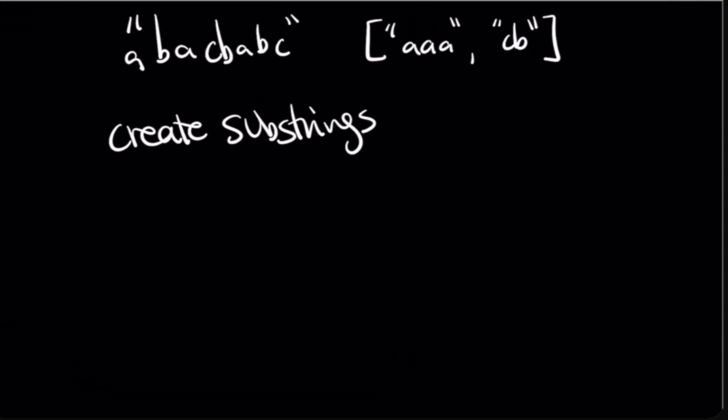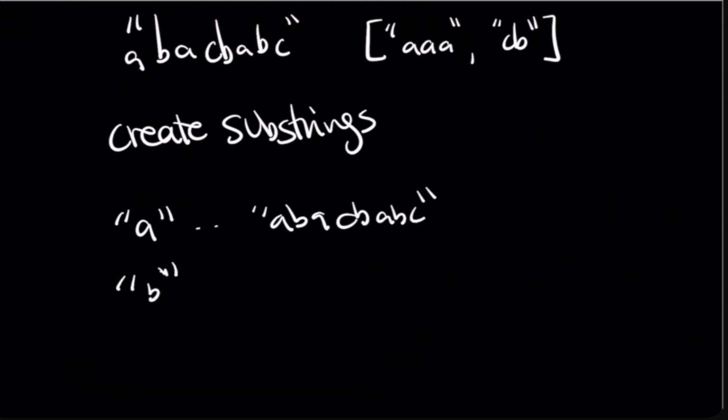The naive way of creating substrings is the brute force way, which is creating substrings that start with the first index, then going to the second index and creating substrings that start with the second index.